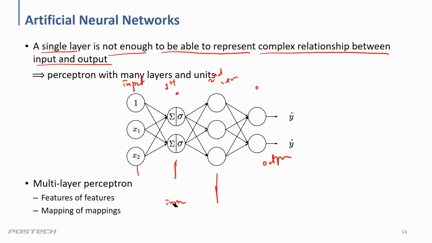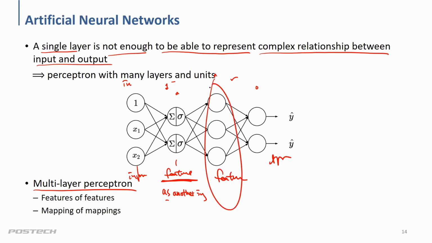So in summary, the multi-layer perceptron is the same as here: the input, and we call them features because they come from linear combinations with nonlinear functions, and we can treat these features as another input for here.